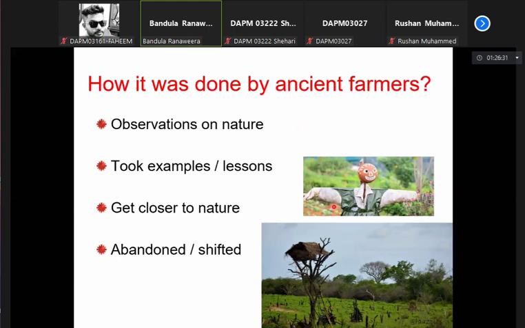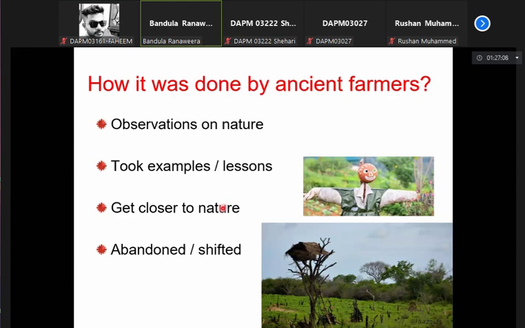Through the water stream, they put up some moving objects, and sometimes they create some sound-making machines, equipment, instruments. Then the scarecrow is scaring primary consumers. Not only that, this scarecrow is a resting place for natural enemy birds. So we took examples from nature, and those lessons were useful in controlling the pest.